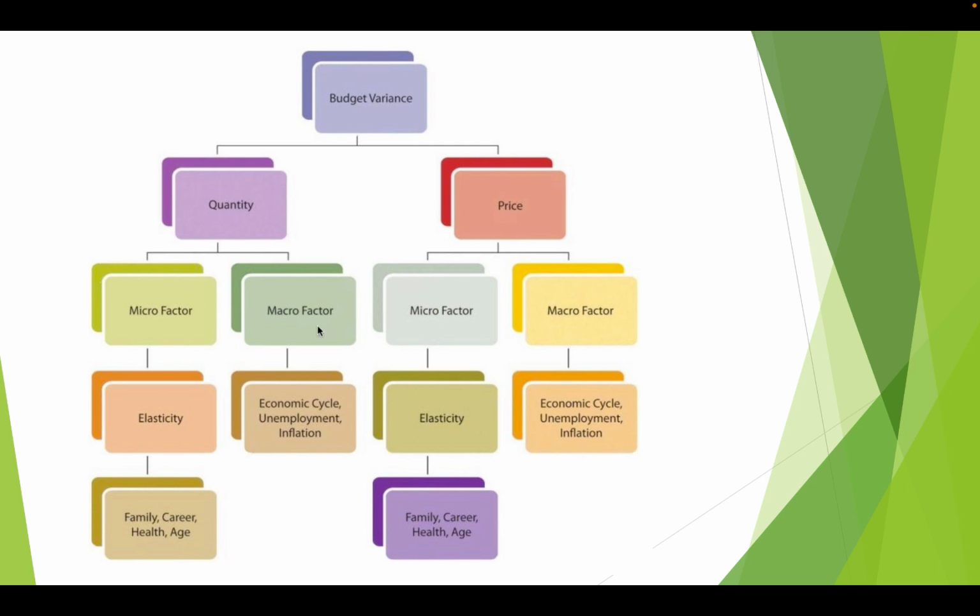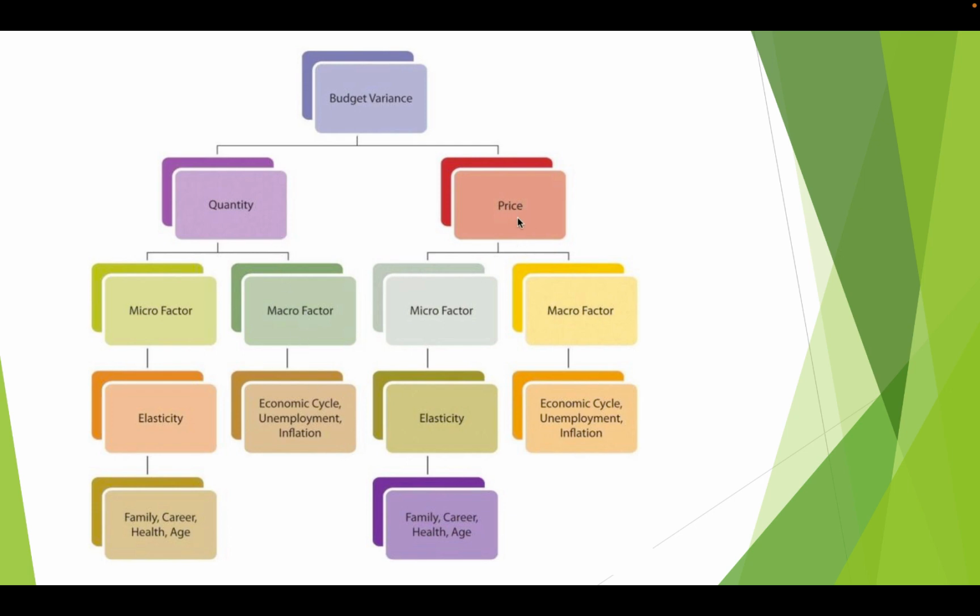Now, as you can see in these lower blocks here, again, we're just going to use gas as the example. In terms of quantity, there may be micro factors, again, individual characteristics about you that can impact what quantity of gas you're getting, as well as macro factors, again, the economy, unemployment, and inflation that could impact why the quantity that you are buying is occurring.